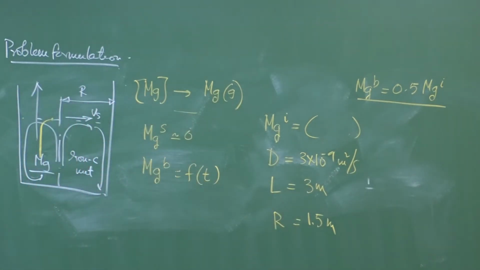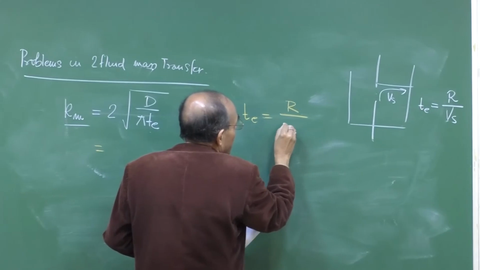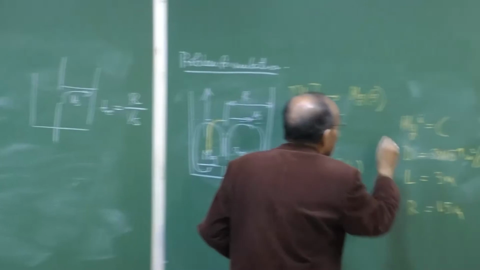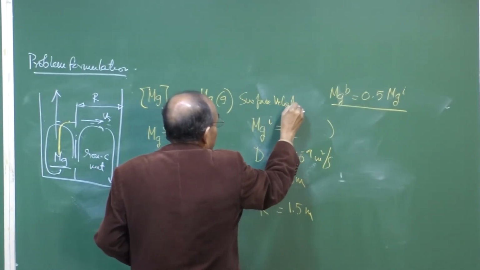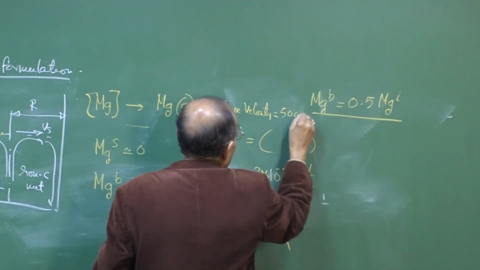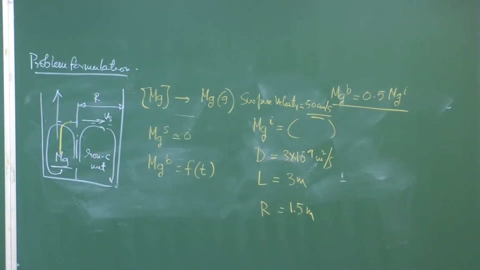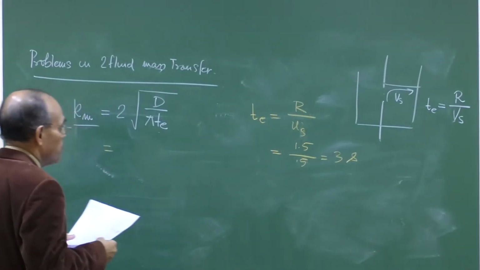The exposure time is equal to R divided by the surface velocity, and the surface velocity from measurement is given to be 50 centimeters per second. So, R is 1.5 and this is 0.5, therefore the exposure time is equal to 3 seconds.